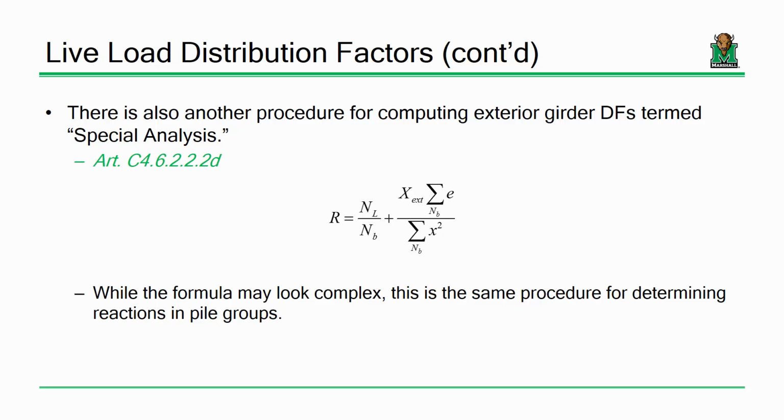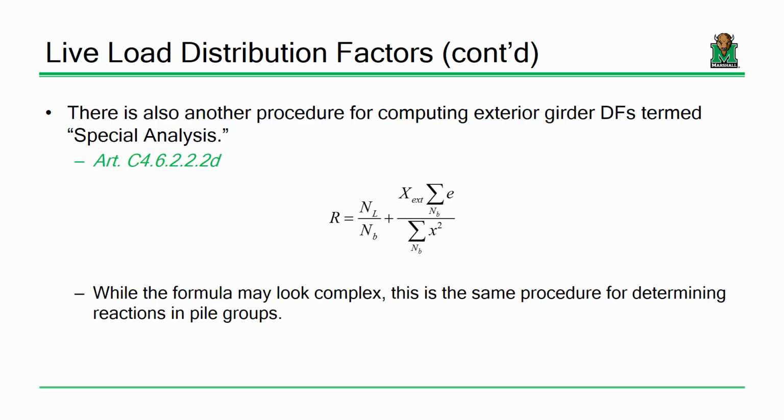Now, if this equation looks a little nasty, again, it goes back to just basic mechanics. This first part you can kind of think of as P over A. You know, the number of trucks divided by the number of beams, P over A, plus MC over I. Make sense?